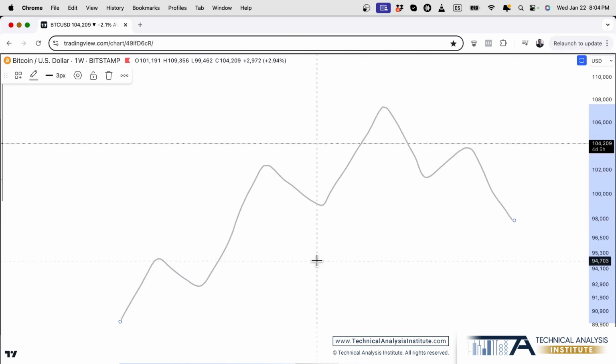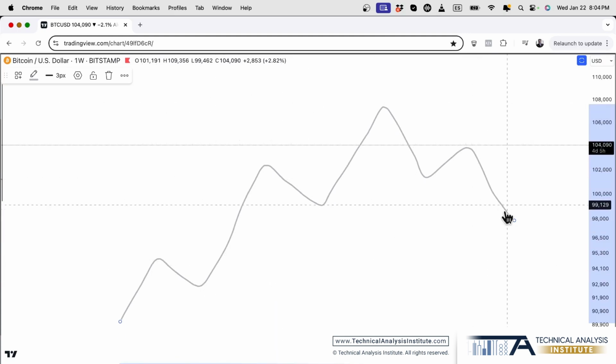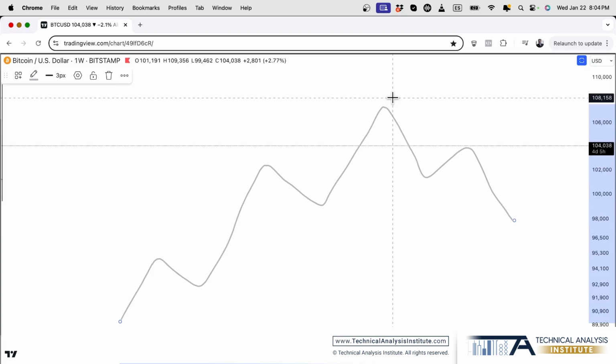It also means that after the entire cycle of 8 waves, as we have 1, 2, 3, 4, 5, 6, 7, and 8, we can expect prices to reproduce the entire pattern at a higher degree. So what does this tell us right now about what's happening in the world?